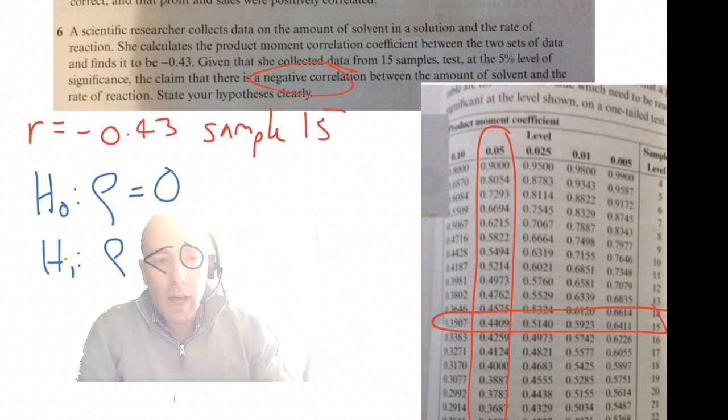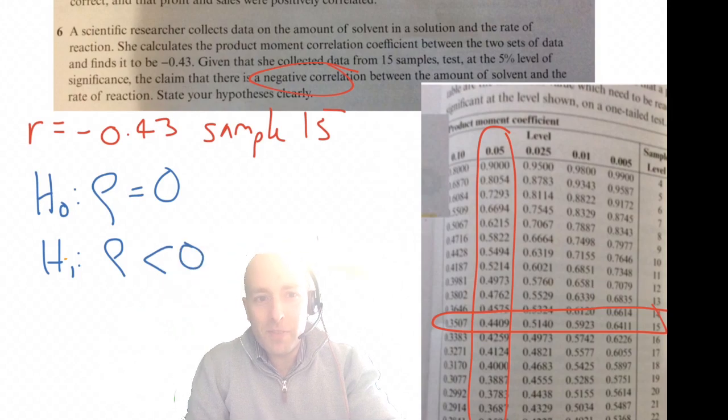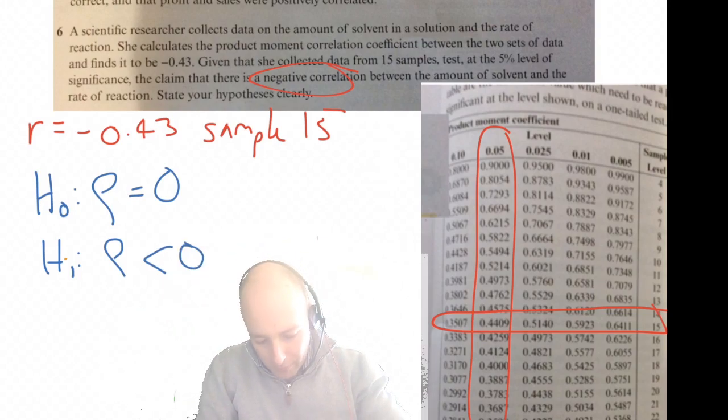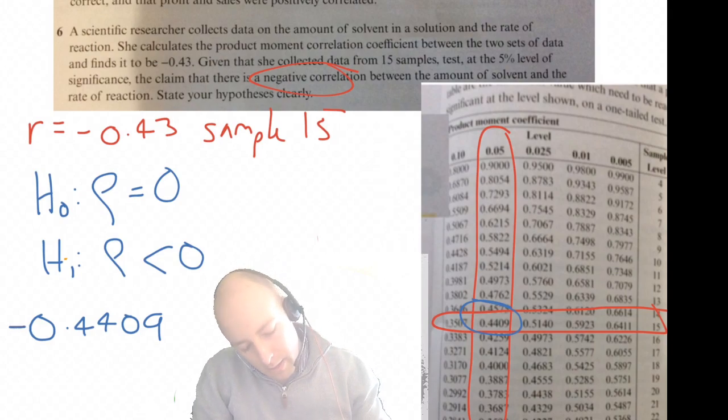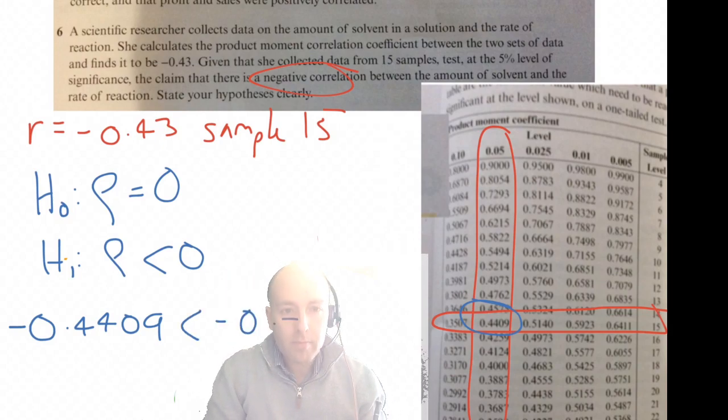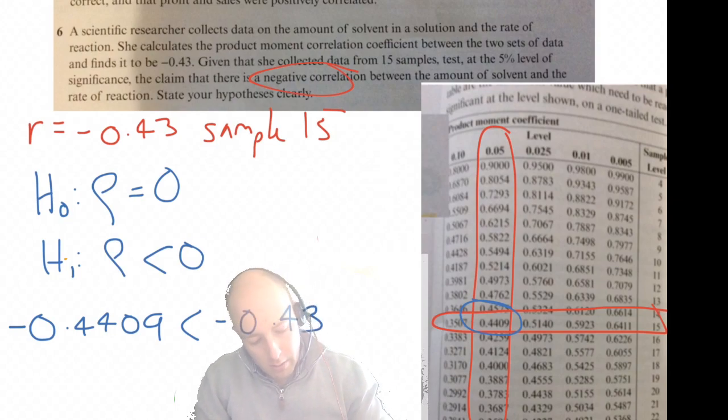Cool. All right. So we're gonna look through. So we get 0.4409. Remember, it needs to be negative for this. That is less than minus 0.43. So minus 0.43 is not critical. Just.